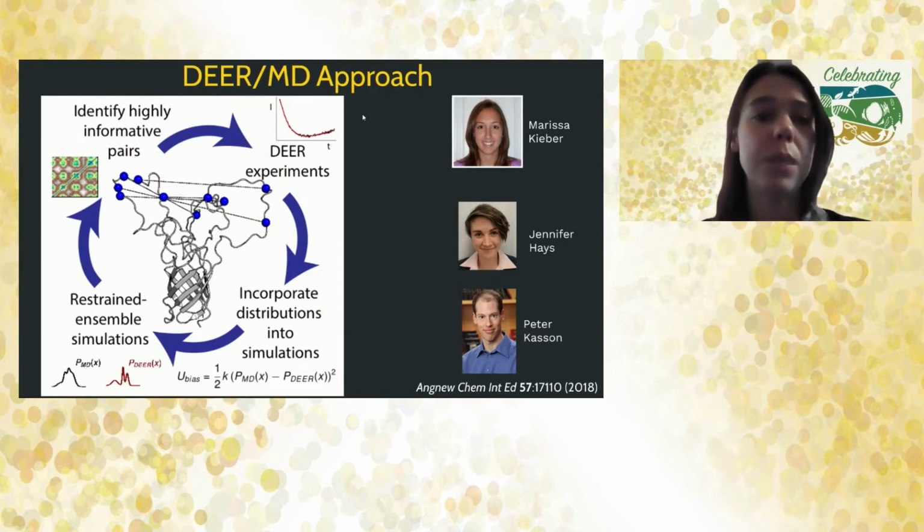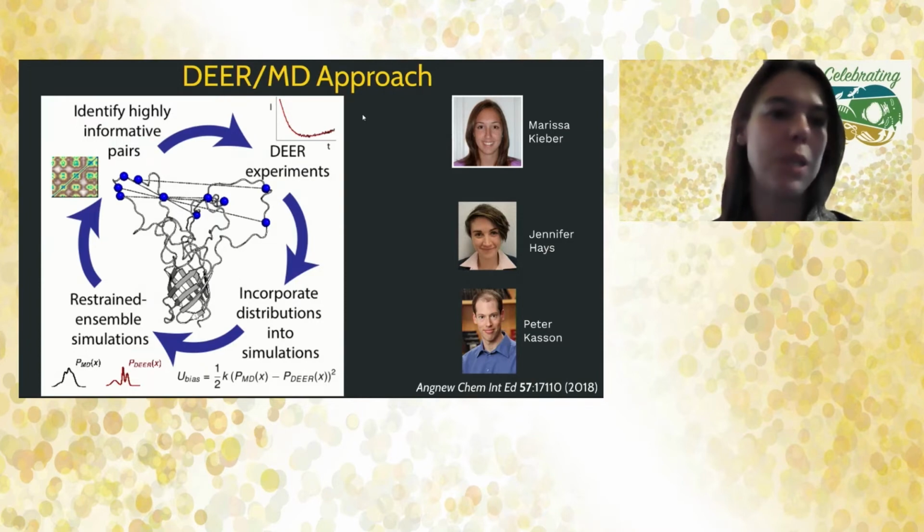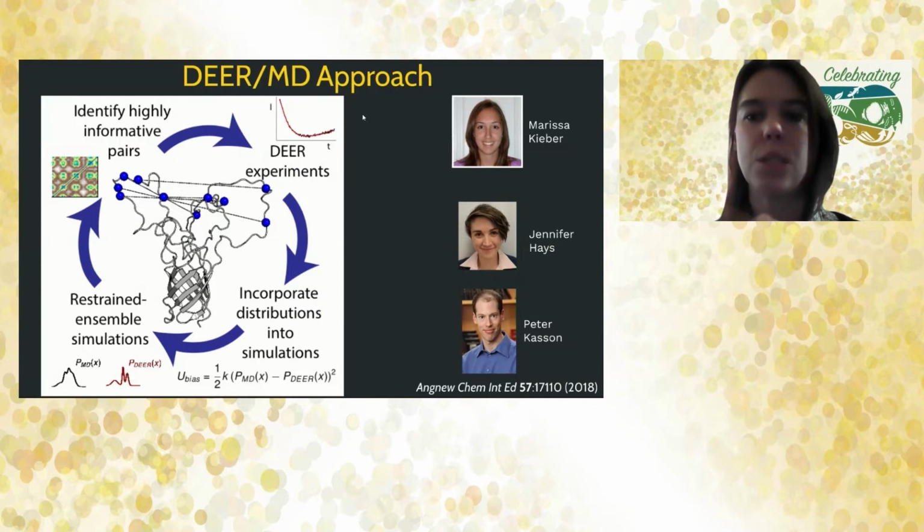So we went to EPR and DEER, and we engineered 2 spin labels and measured the distances between each of these loops. Now if these are random conformations, we're just going to get Gaussian distributions around these distances. And indeed, if we just keep picking random ones, we may not get much information. So what Jennifer did was develop an algorithm to help us predict informative pairs for this ensemble.